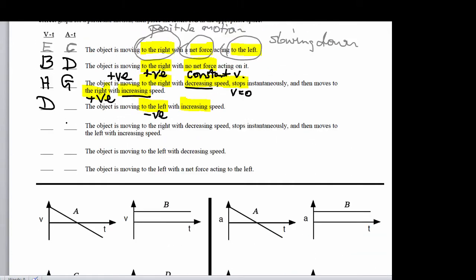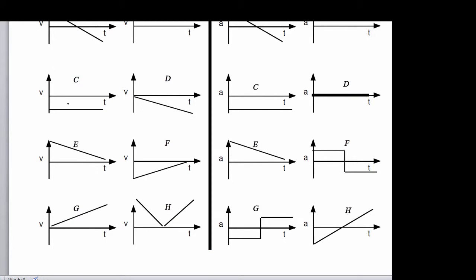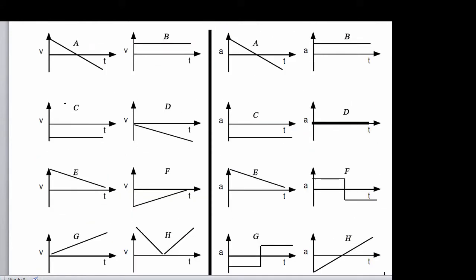All right. Now, Derek, what about the acceleration for this one? If D is the graph for velocity, what does the acceleration look like? Yeah, and why did you choose C?